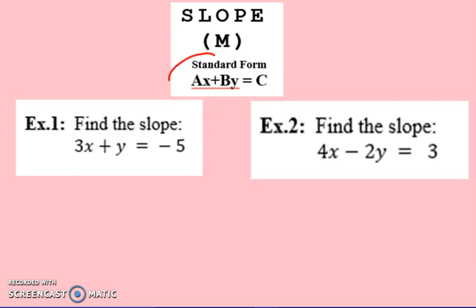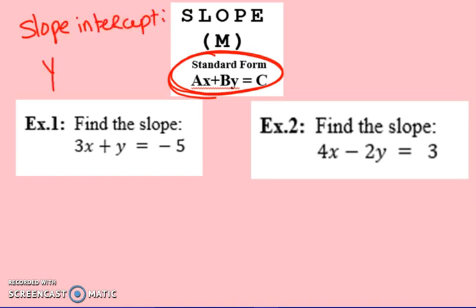The next type of equation we're going to see, and we have worked on this in class, is standard form. ax plus by equals c. For these types of equations, you need to turn them into slope-intercept form. And if you already forgot, slope-intercept form is y equals mx plus b, where m is my slope and b is my y-intercept. So, if we solve it, we need this y by itself.